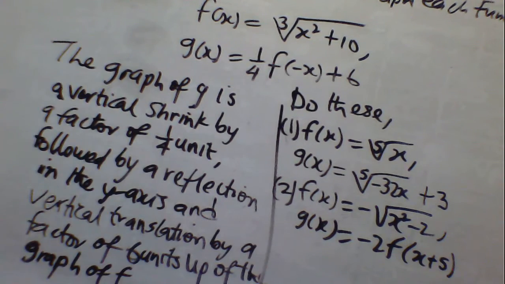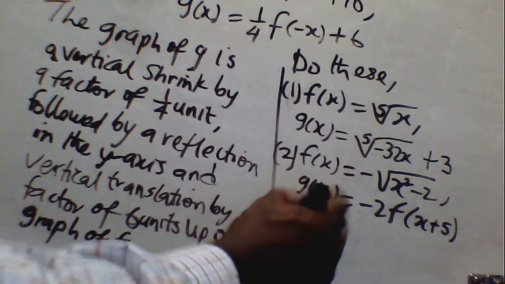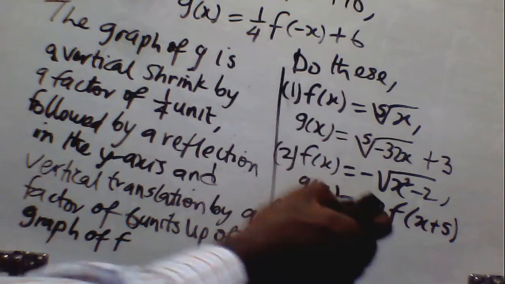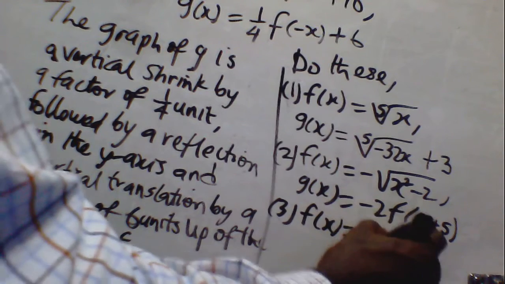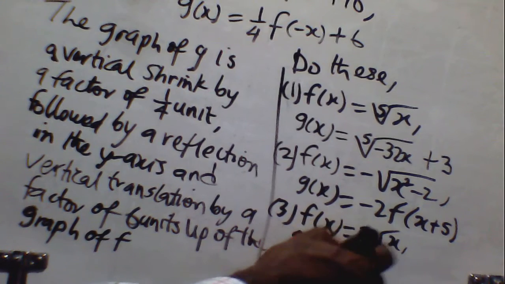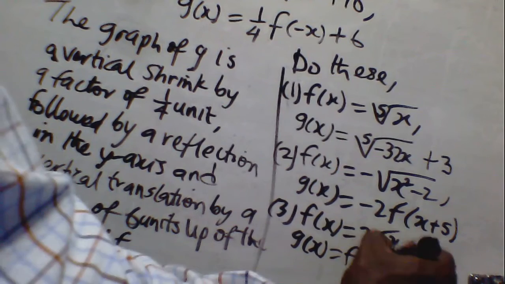So this is the second one. The third is f of x is equal to 2, and g of x is equal to f.